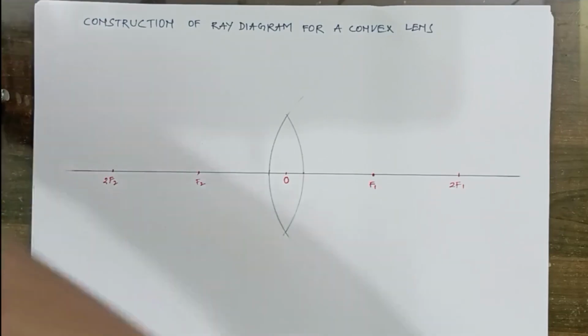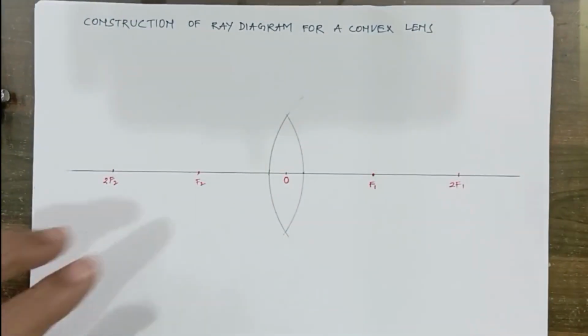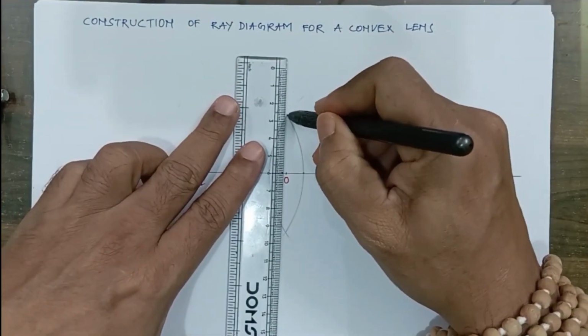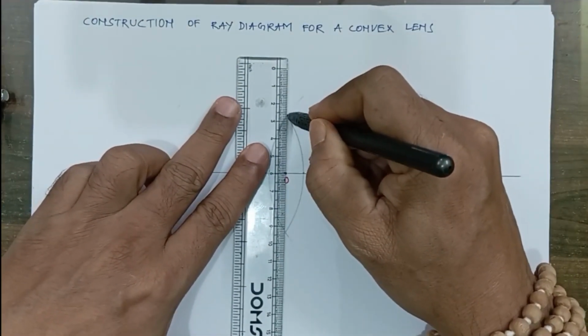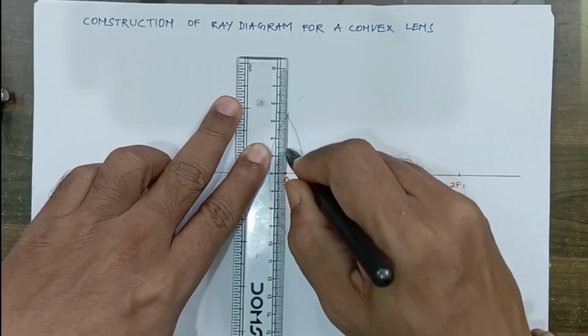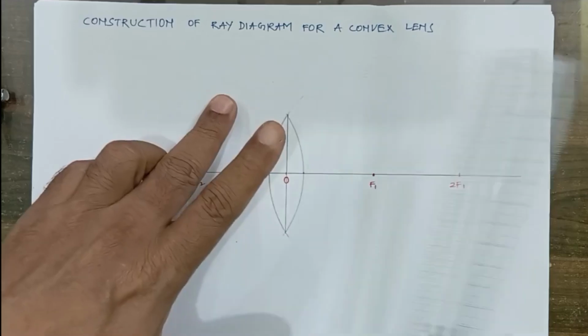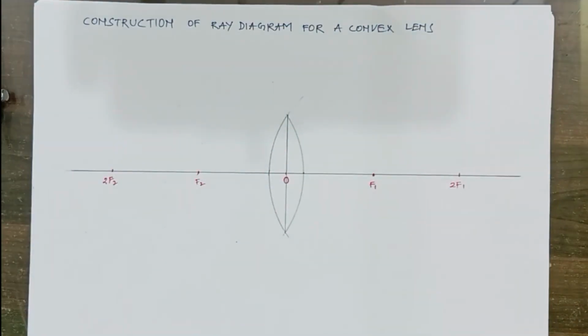Now draw the center line of the lens, which intersects the principal axis at the optical center. Okay.